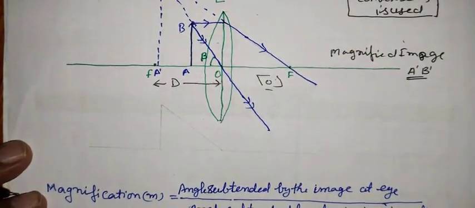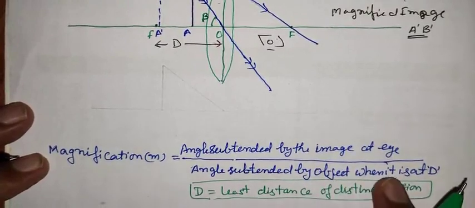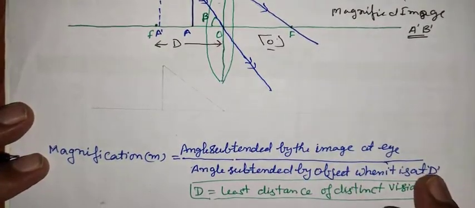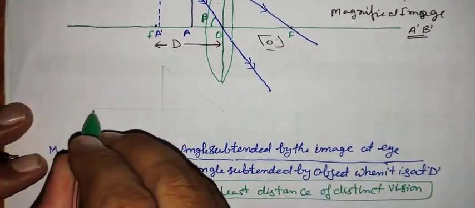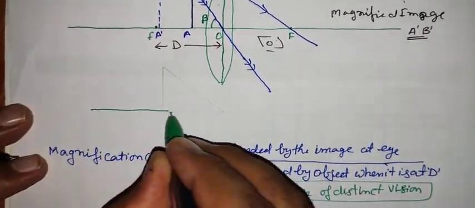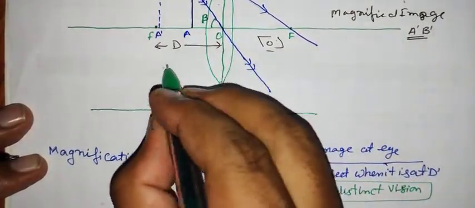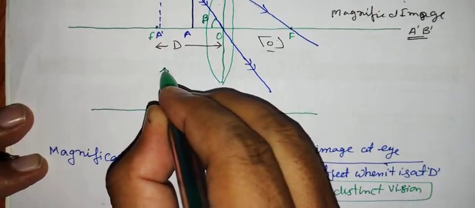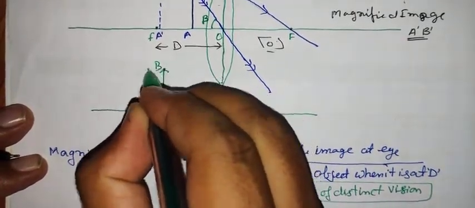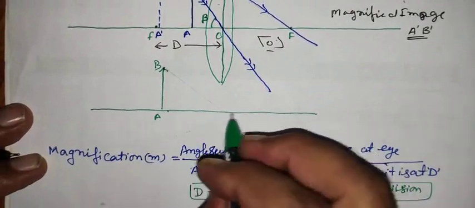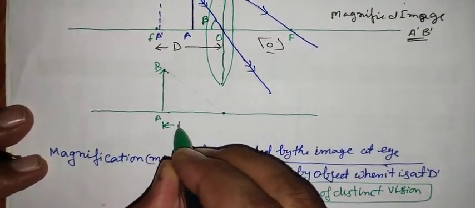Now the angle subtended by the object when it is at capital D. For this, see one more diagram here very carefully. The same object AB is kept here, and it is viewed at the least distance of distinct vision, capital D.